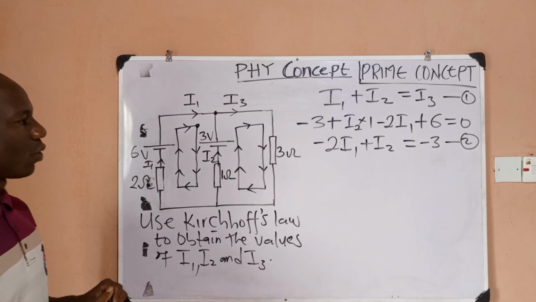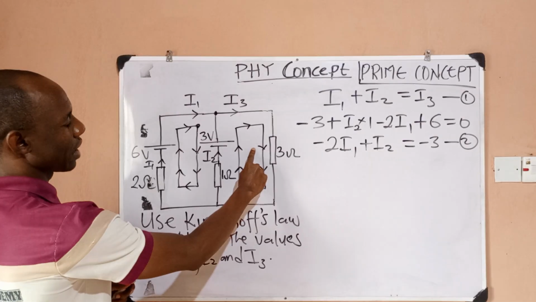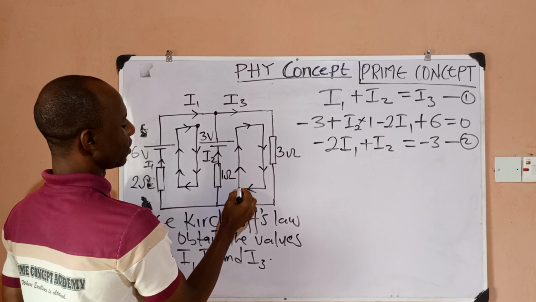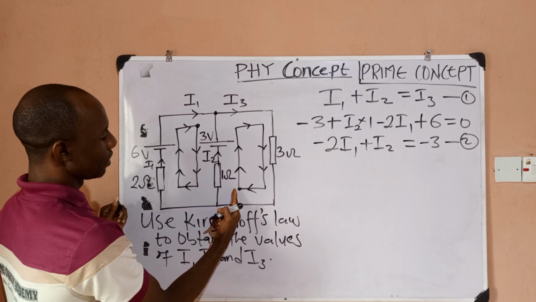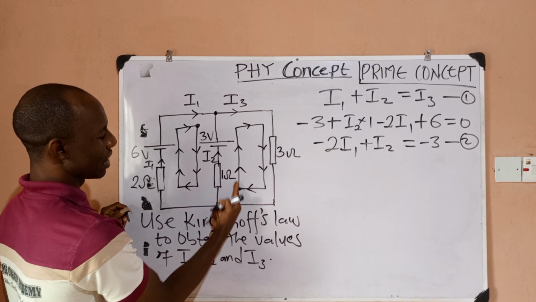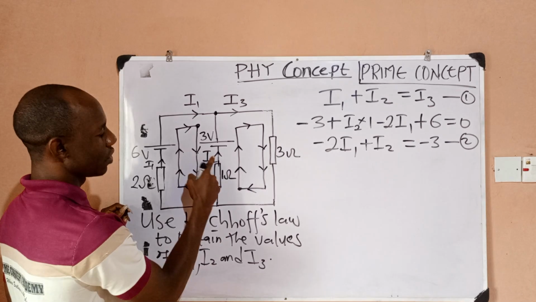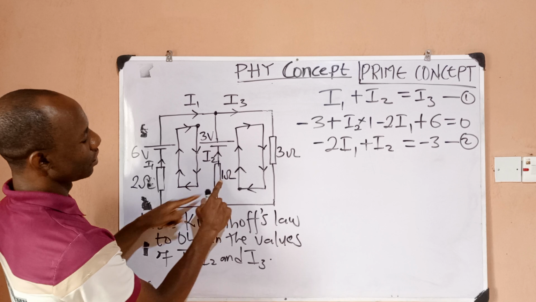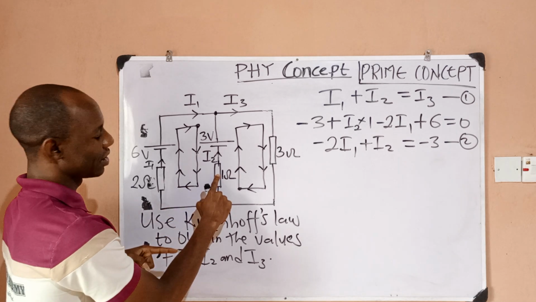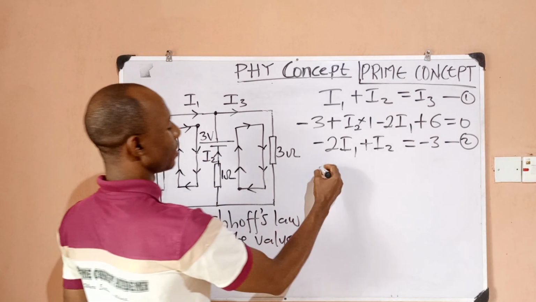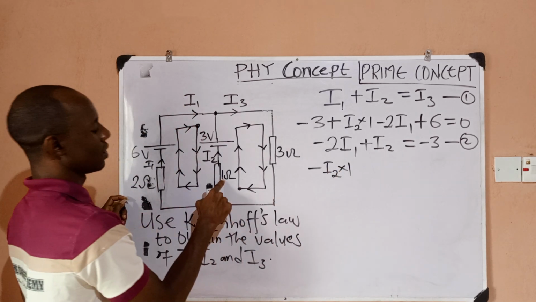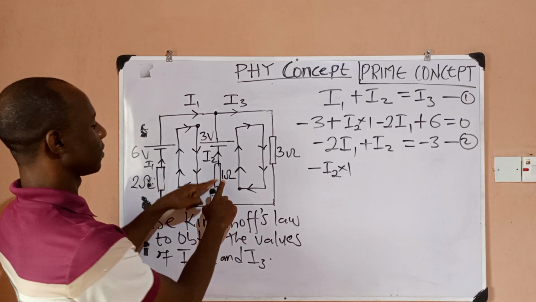The next thing I want to do is to analyze the second loop. I'm going to analyze the second loop starting from this point. Now, my loop is going up, you can see the direction of the loop going up, and your current is also going up. So current and loop are in the same direction. The voltage drop here is going to be negative. So I'm going to have negative I2 times 1, which is the resistance.